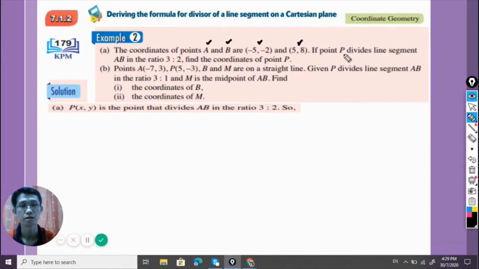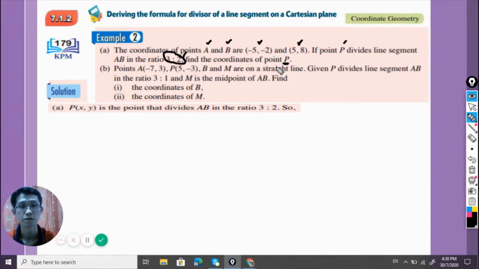And another important piece of information about your internal point, point P, is that this internal point divides the line segment AB in the ratio 3:2. You are asked to find the internal point. So actually this internal point can be found if you use the section formula.